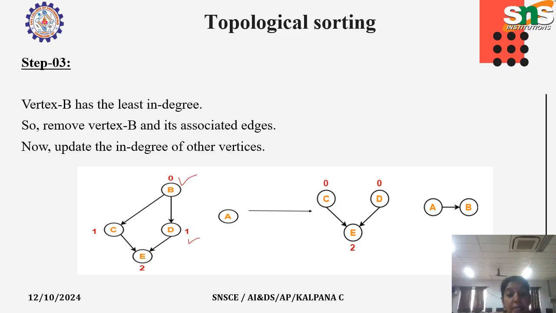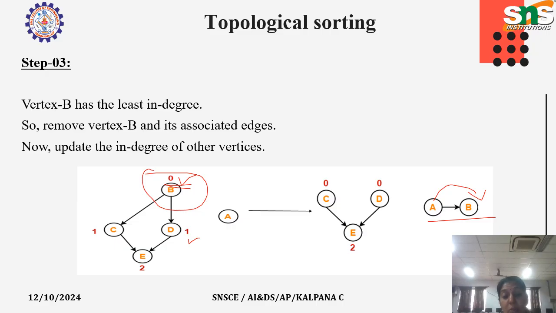So this is my in degree, and which one has the least in degree now? B has the least in degree, that is 0. So here I am removing B from the graph and updating with A to B. I am removing A now, and I am removing B also.